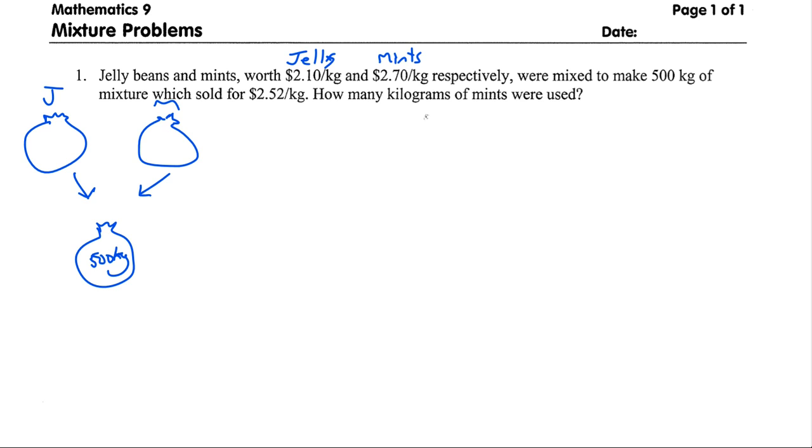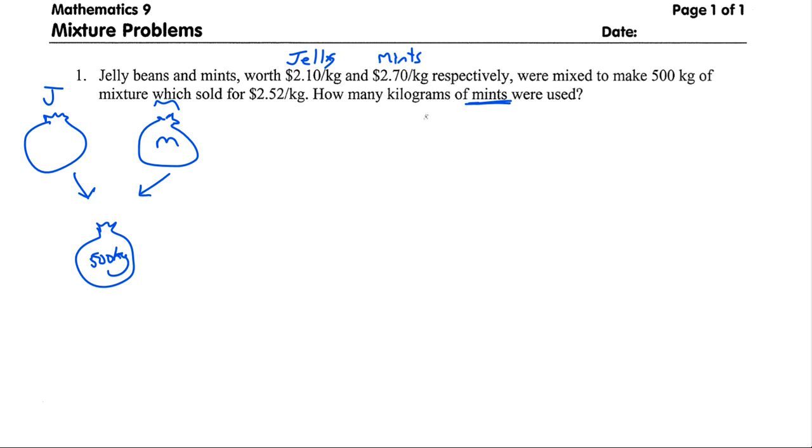So if we could find a variable, first of all, which variable should we use? Should we use a J or should we use an M? Well, look at the question and see how the question is ending. The question is ending with what they want us to find out. And you can see it says how many kilograms of mints were used. So let me make my variable M. If I have M kilograms that I'm taking from the mint bag, how many kilograms will I take from the jelly beans bag? The total is 500.